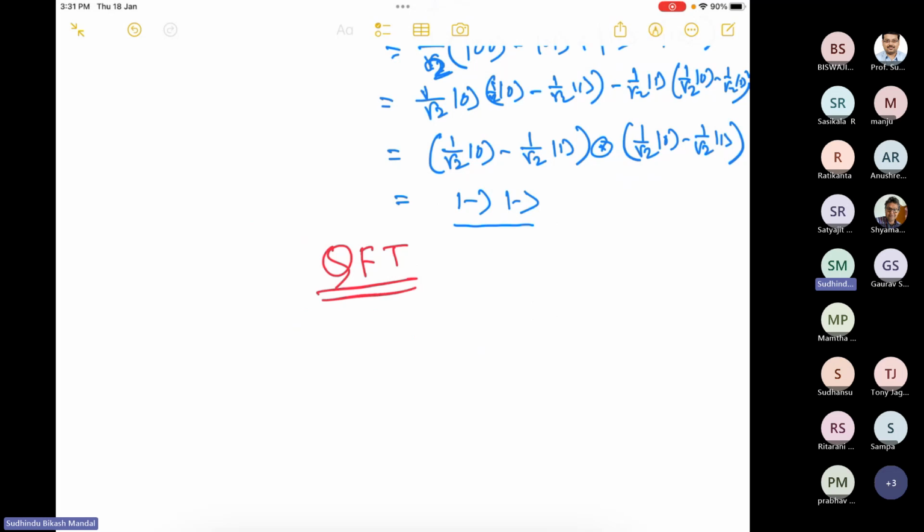Obviously, you may ask the question, why should we learn QFT? Actually, QFT is a basic building block of many different algorithms. Like if you want to implement the Shor algorithm in a real quantum computer, one component of the Shor algorithm is QFT, quantum Fourier transform, because in Shor algorithm we try to frame our problem as an order finding algorithm. To find the order, we need to estimate the phase.